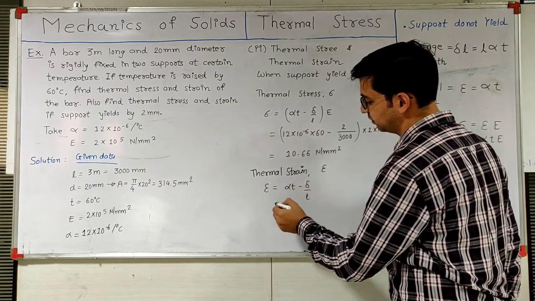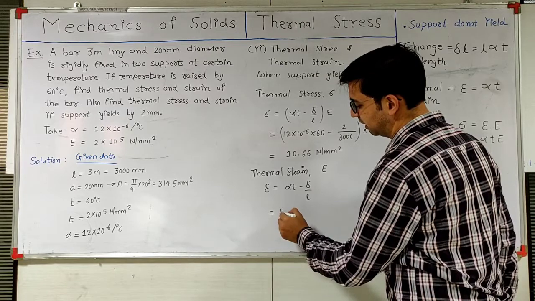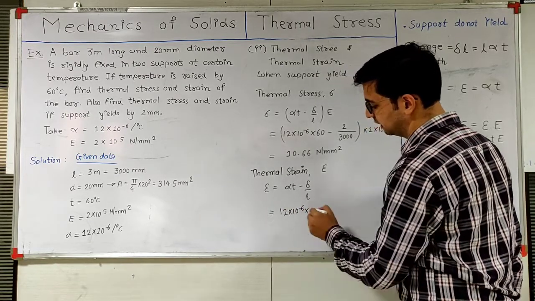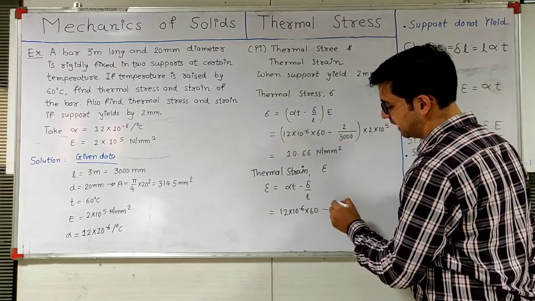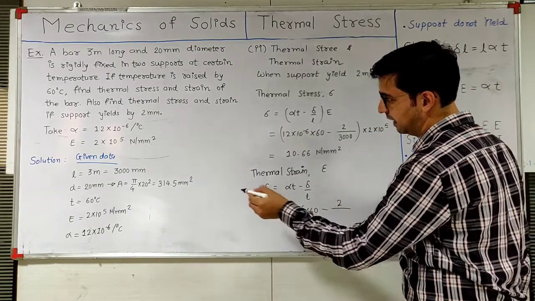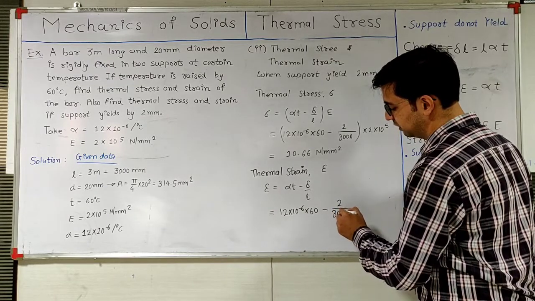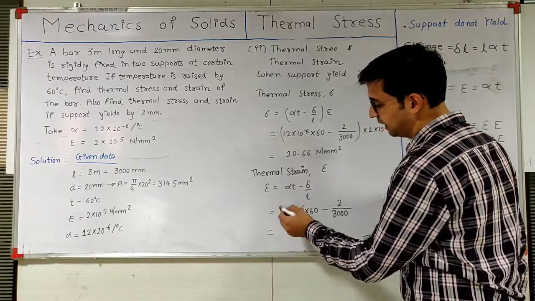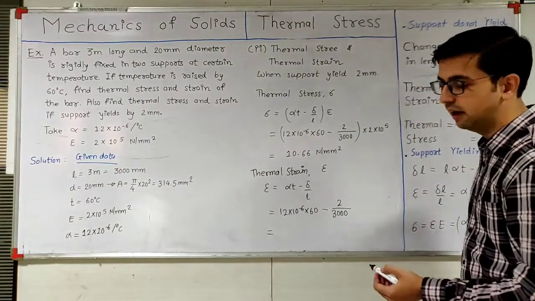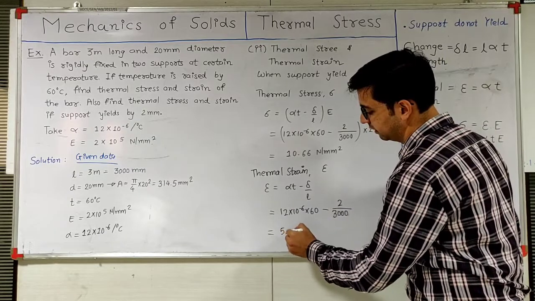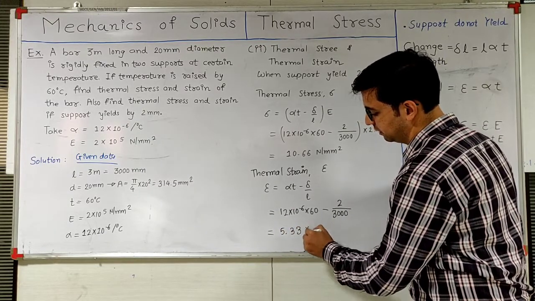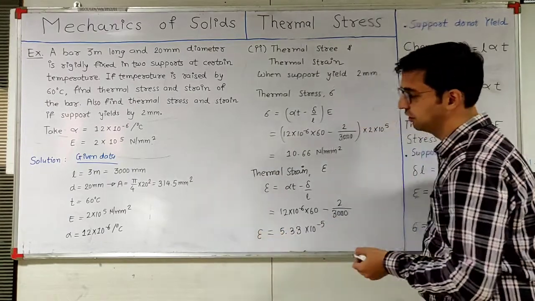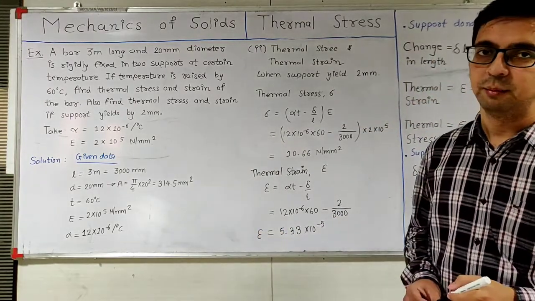Here we have the values of all parameters: alpha 12 into 10 raised to minus 6, temperature 60 minus delta which is 2 mm, length is 3000. By simplifying this equation, we will get the answer of thermal strain as 5.33 into 10 raised to minus 5. So this is the answer of example number 2.